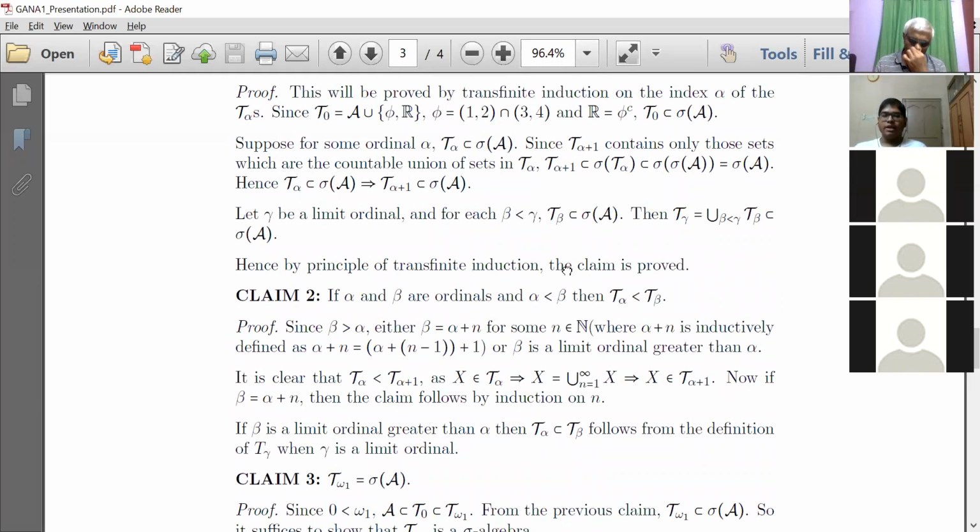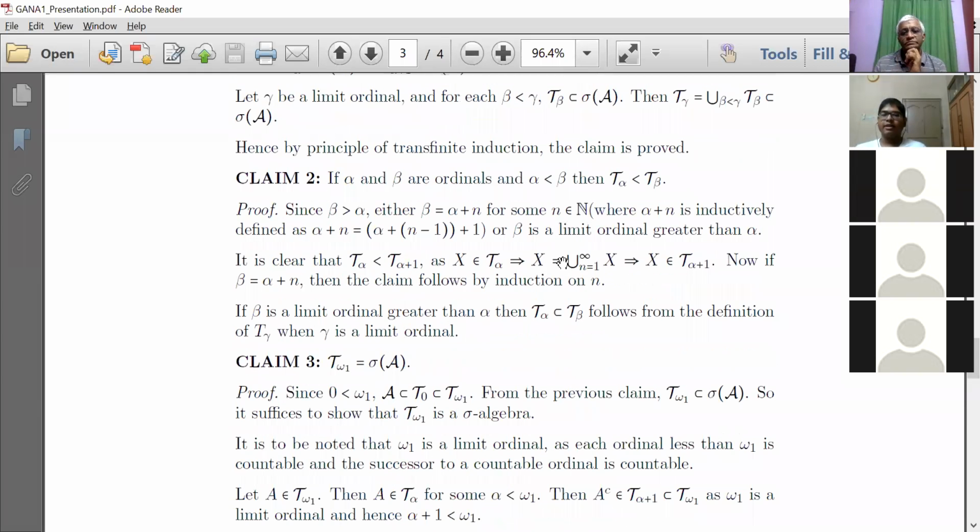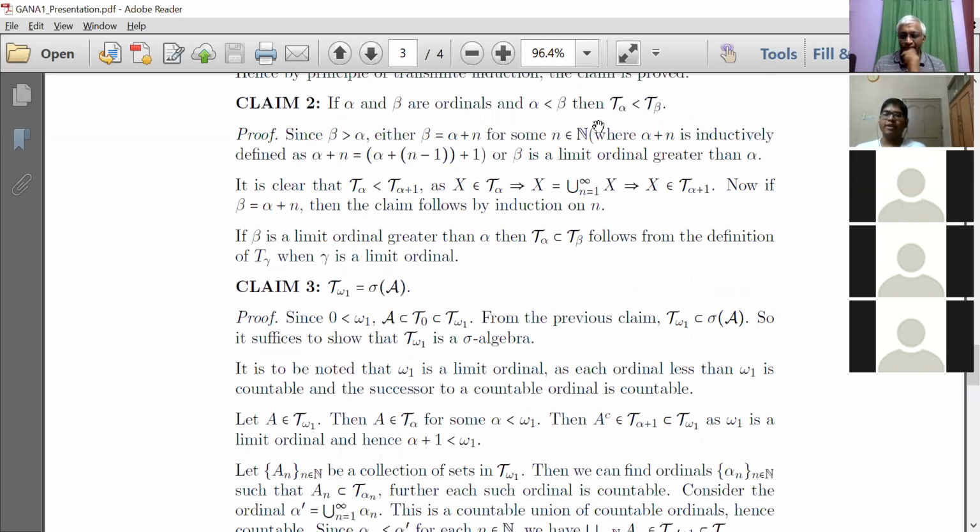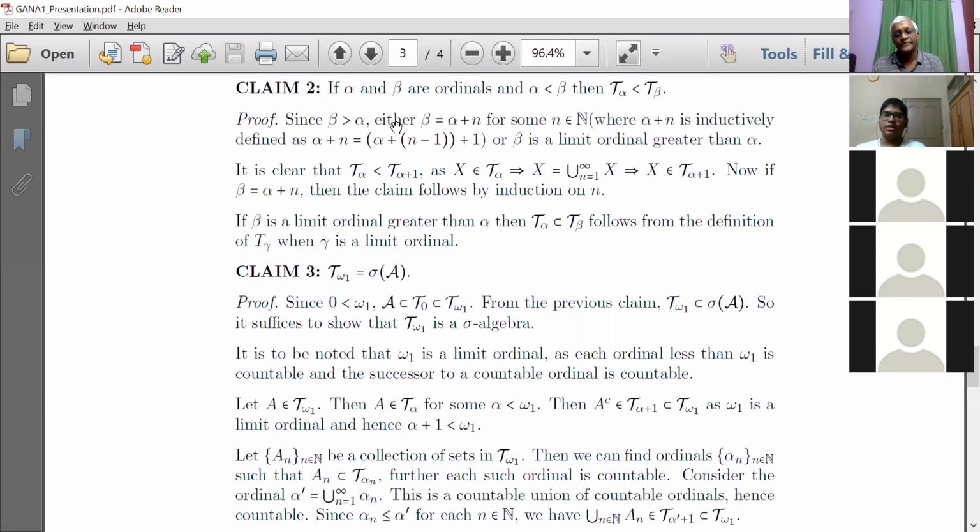Now we prove that if alpha and beta are ordinals and alpha is less than beta, then T of alpha is contained in T of beta. Since alpha is less than beta, beta must be ultimately a successor ordinal of something that is reachable from alpha by successor ordinals, as in beta is some alpha plus n, where alpha plus n is alpha plus 1 plus 1 plus 1 like that.